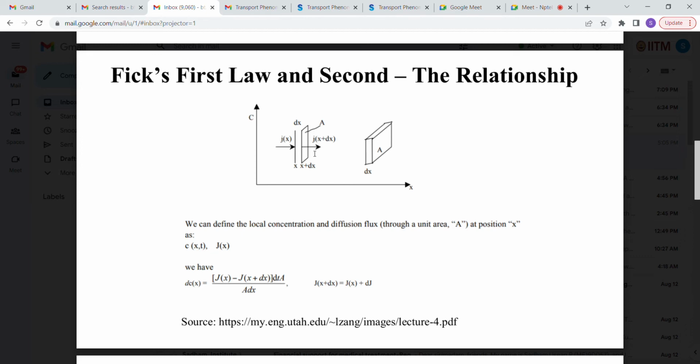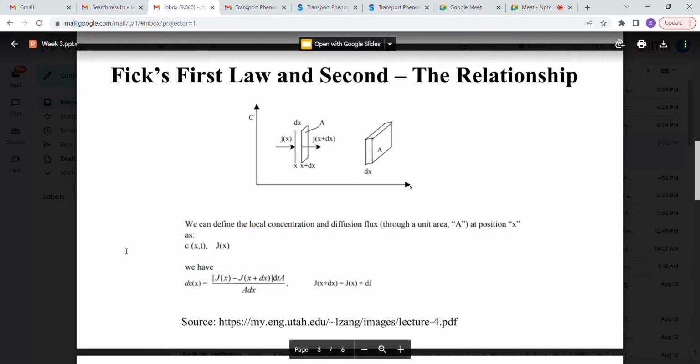Now what we are going to do right now is define local concentration and diffusion flux at a point x and at a time t, which is C of x, t and J of x.